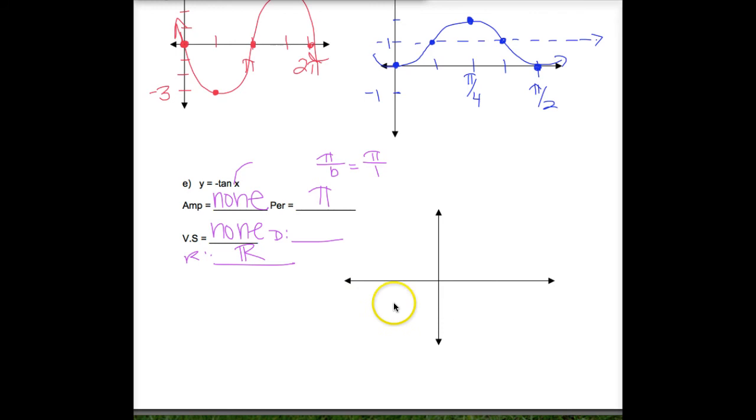So here I'm graphing a full period on each side because I've got both sides given to me. So if my period is pi, I need to get there and to negative pi. And then all I need is halfway points for the tangent graphs. So my tangent graph starts at 0, 0, and then typically it went up towards infinity at pi over 2.